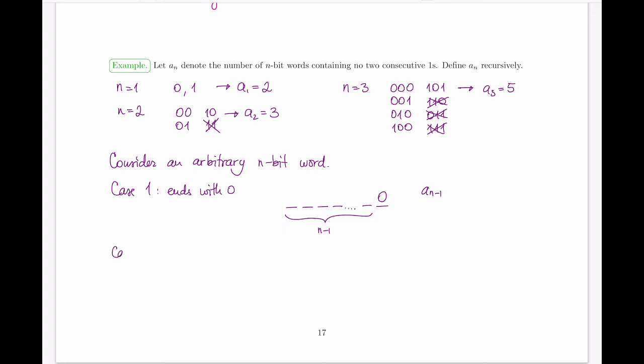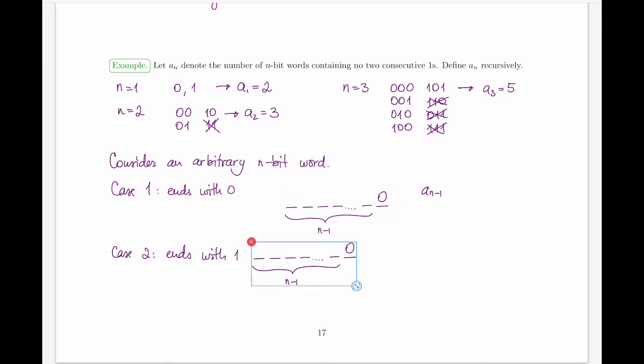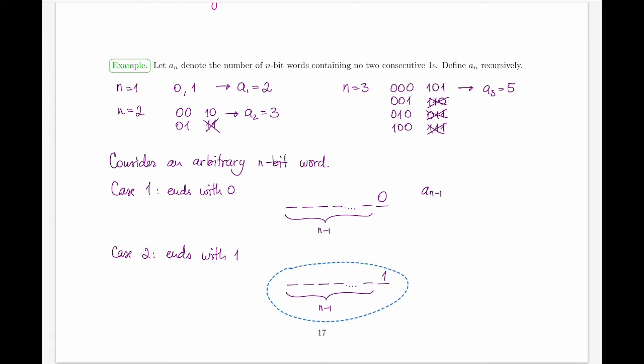By contrast, for case 2, we're going to have that it ends with 1. So we have the exact same picture. Let's copy it over. Exact same picture, except my last bit is now equal to 1. So what have we here? Now, the number of strings that satisfy my rules on n-1 bits is still a sub n-1, except this one is quite restrictive indeed, because it means that I can no longer have 1 here.